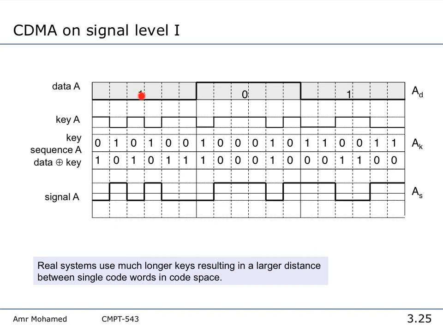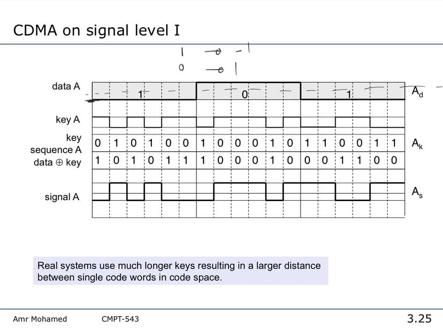Here in this particular example, 1 is mapped to -1. As you can see, signal A starts from -1 here, so 1 is in fact mapped to -1, and 0 is mapped to 1.